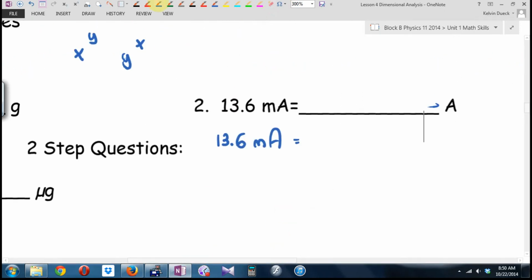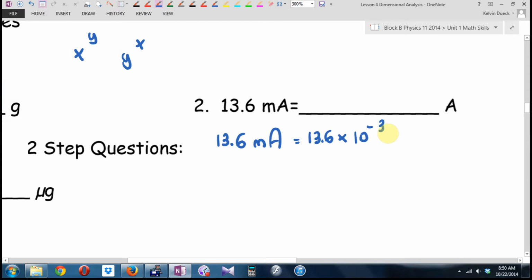So 13.6 milliamps is 13.6. What is milli? 10 to the what? You have to go look on your chart, please. 13.6 milliamps is the same as 13.6 times 10 to the negative 3.